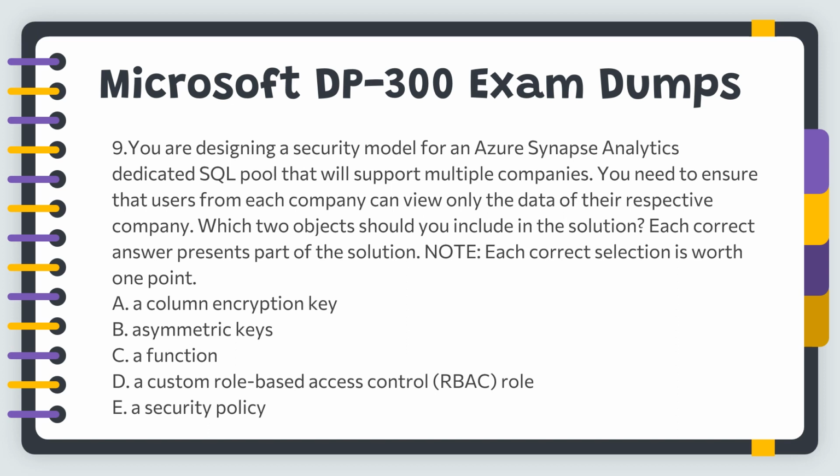Note: each correct selection is worth 1 point. A. A column encryption key. B. Asymmetric keys. C. A function. D. A custom role-based access control, RBAC, role. E. A security policy.